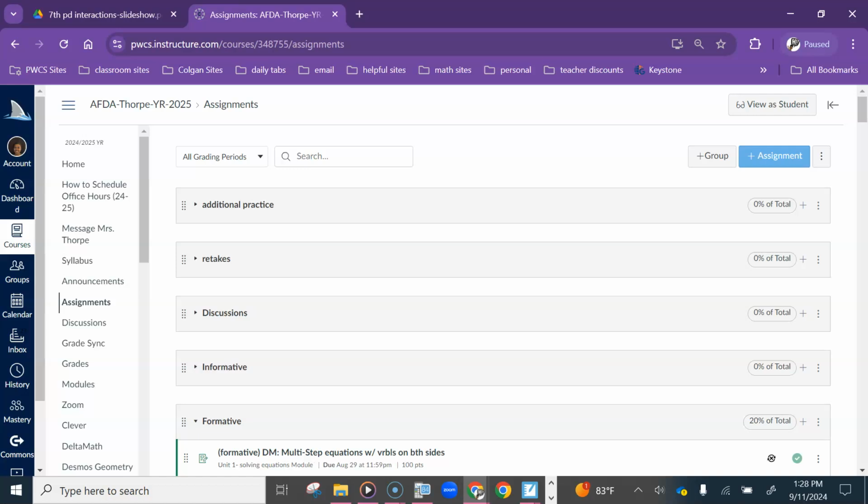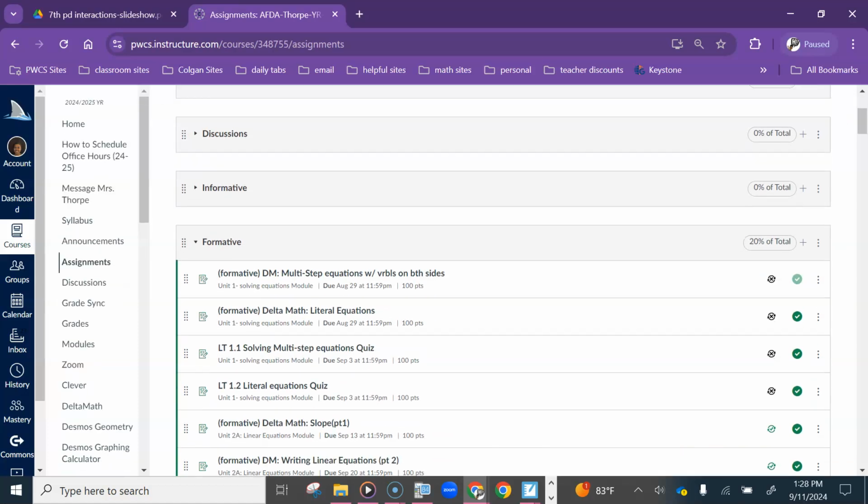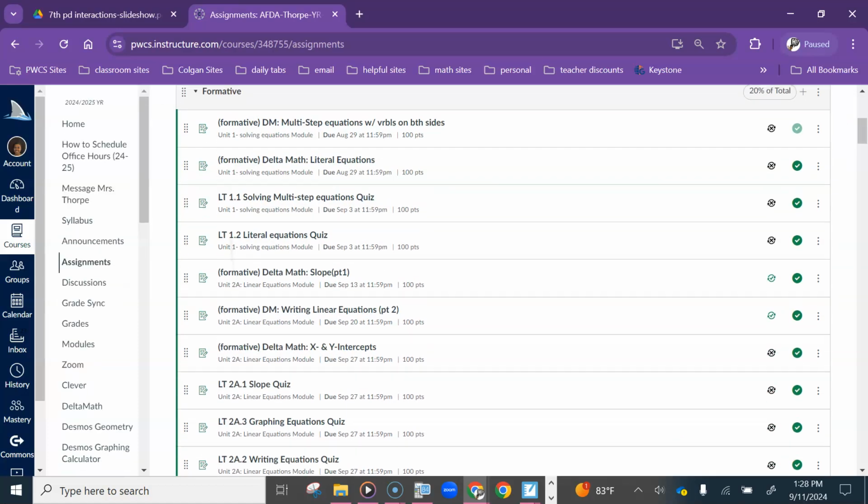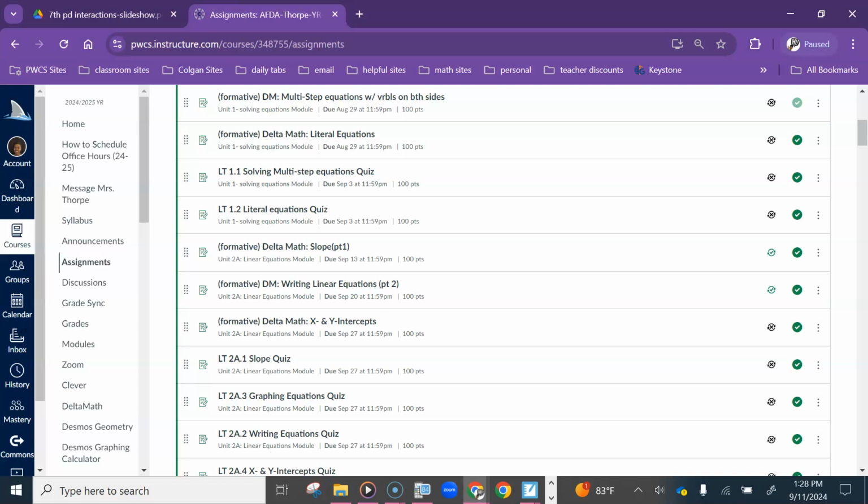In your assignments, it will show you a little title that says additional practice. Scroll until you see the formative title, and you're looking for Delta Math Slope Part 1.